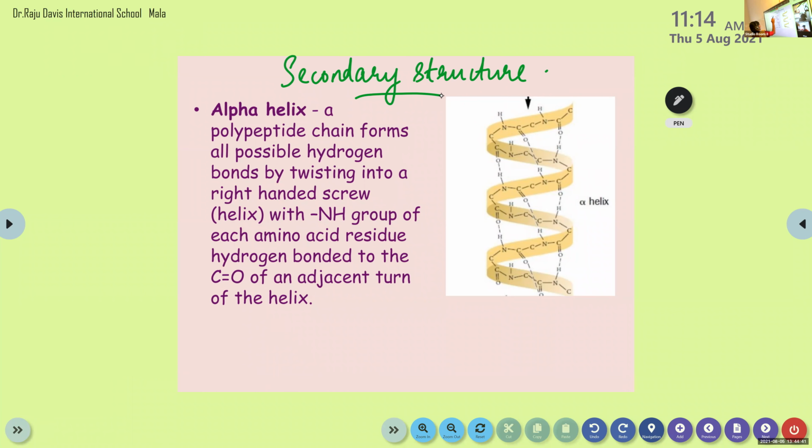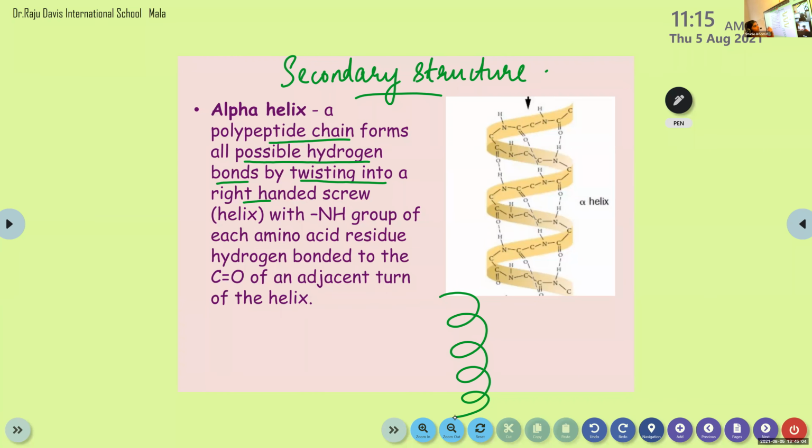So this alpha helix, it is a polypeptide chain that forms all possible hydrogen bonds by twisting into a right-handed screw. It will show in this image. That means this is the shape of the alpha helix structure.